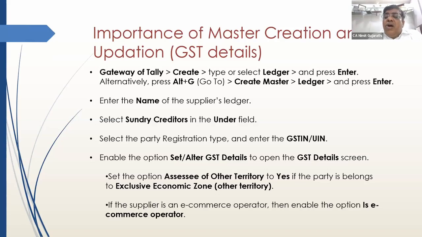If you go wrong in this, your entire report may go wrong. So I request all of you to revisit all your masters and see what you have selected in this, that is, what the registration type is.